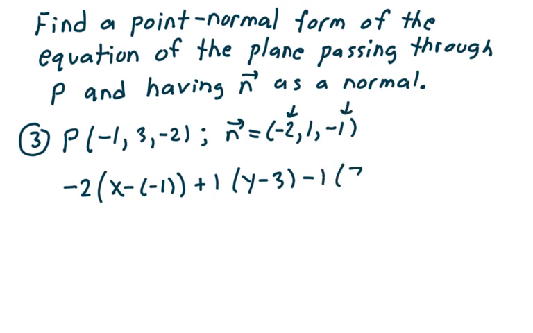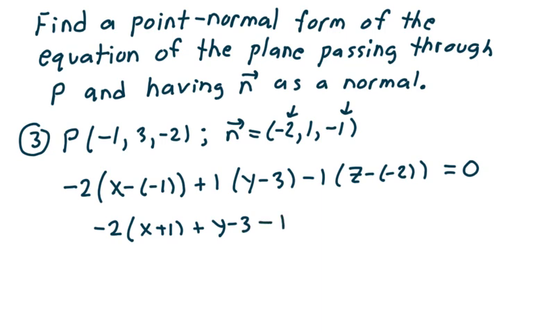And then I multiply by z minus -2. And I'm going to set this equal to 0. And so going a little bit further, this is -2 times x plus 1 plus y minus 3 minus, and then in parentheses, z plus 2 equals 0.